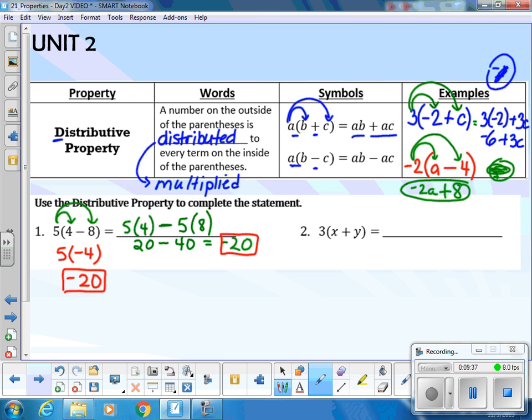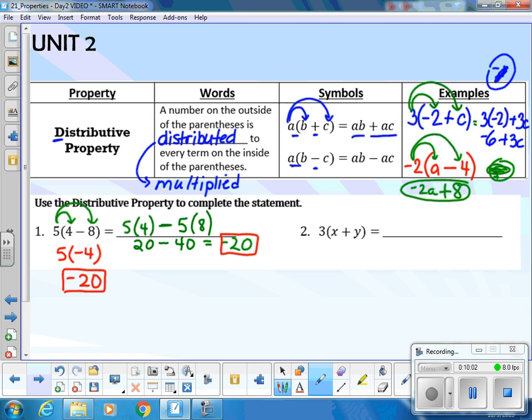So it doesn't matter how you solve it, whether you use the distributive property or you don't. However, that's with it being straight numbers. You will not typically use the distributive property if it's straight numbers. The only time you're going to use the distributive property is if you're going to have letters or variables inside the parentheses.